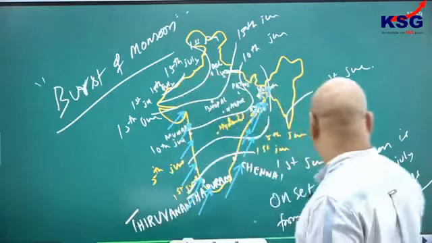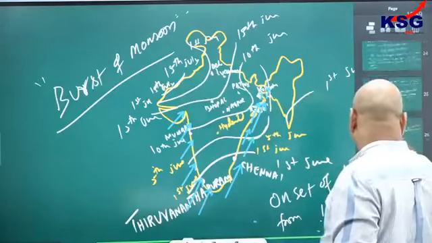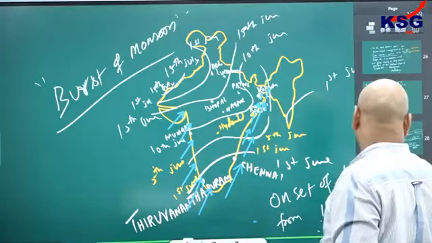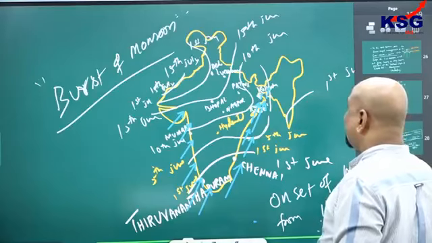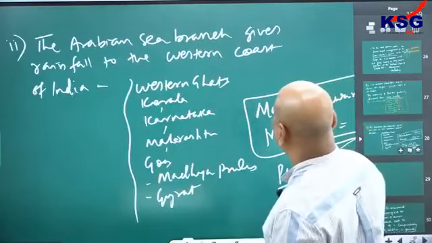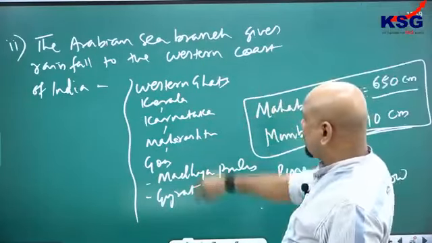Okay, fine. Now if I go for, but इस केस में ऐसा नहीं है. In the Arabian Sea branch, rainfall in the western coast है.